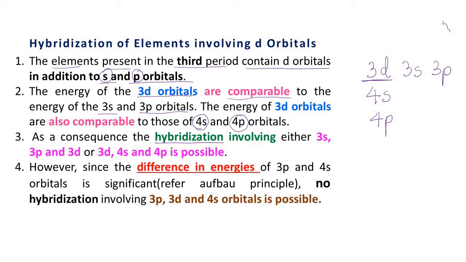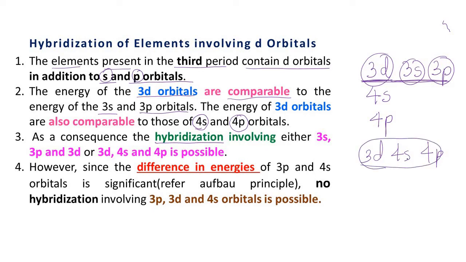Now if the energies of 3d, 3s and 3p are comparable, it reveals that hybridization of the 3s, 3p and 3d orbitals is possible. Similarly, if a 3d orbital mixes with 4s and 4p, then again hybridization is possible among d, s and p.